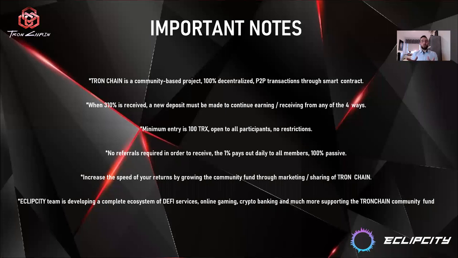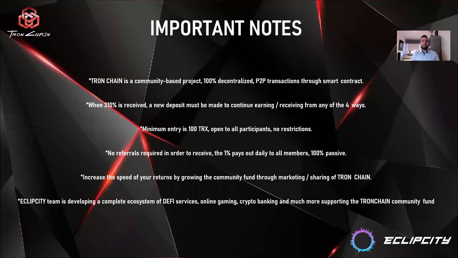And we know, of course, that we can increase the speed of our returns by helping out to grow the community fund through marketing and sharing of Tron Chain. The combination of allowing the passive investor, the passive depositor, the passive supporter to lock arms with the active marketer is the key to the success of a community project.